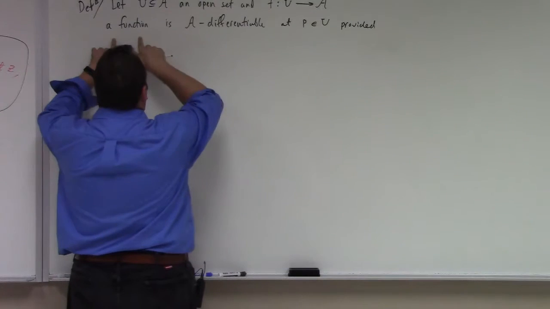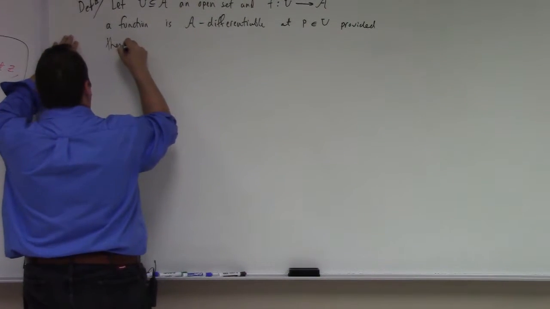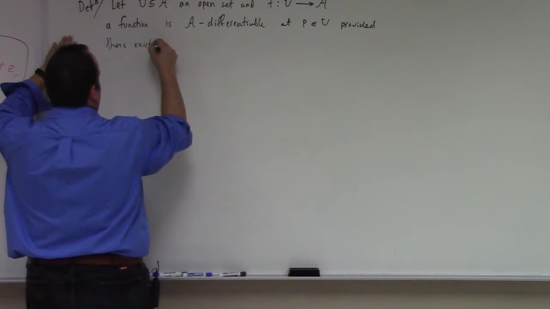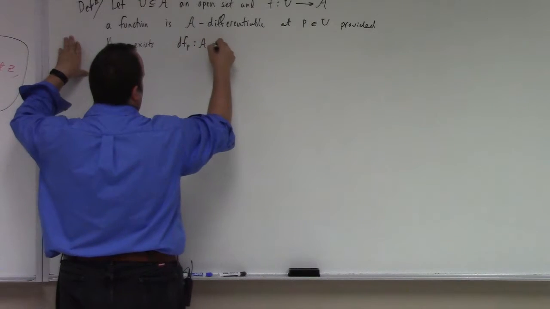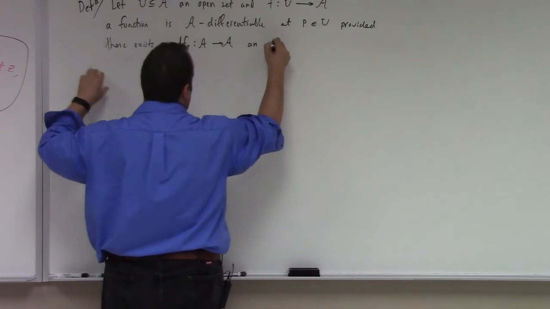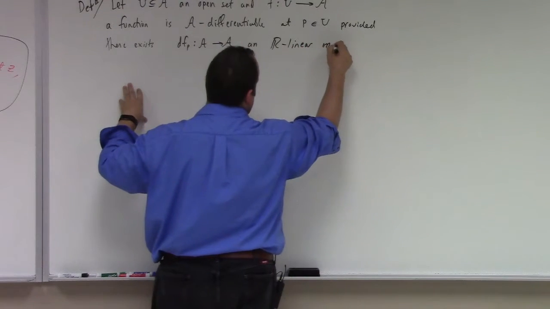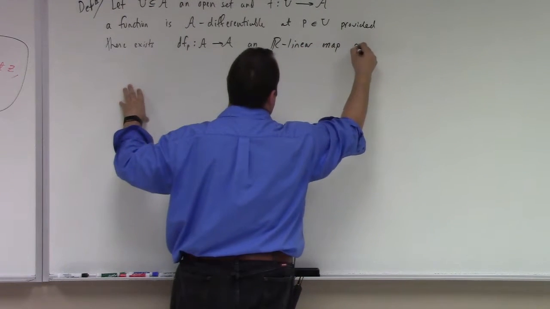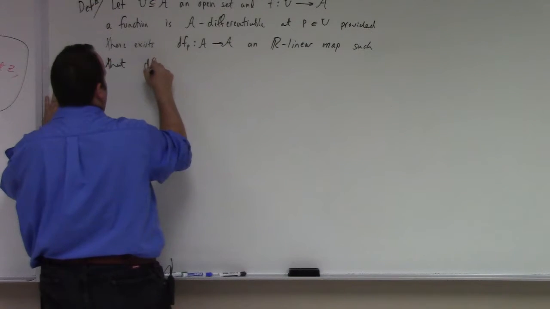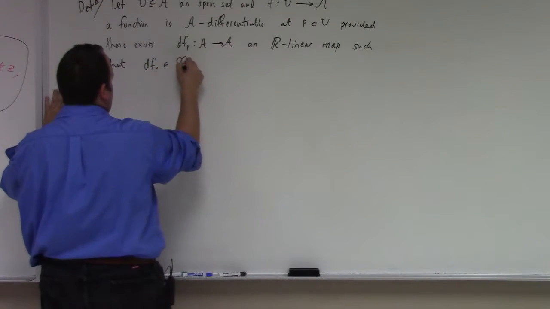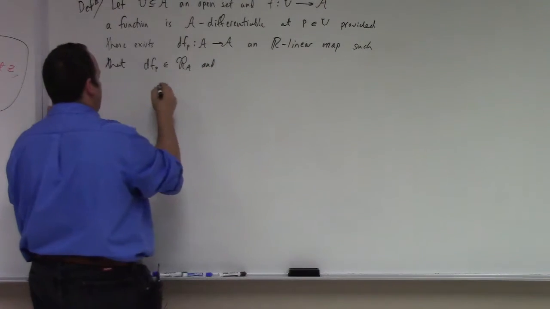It is A-differentiable at P provided there exists, I'm so sorry, guys, there exists DFP from A to A, a linear map, such that DFP is in the regular representation of A, and the following limit holds.